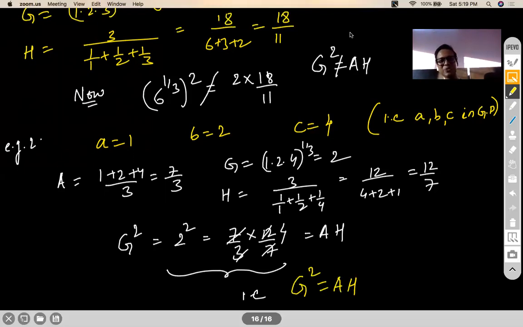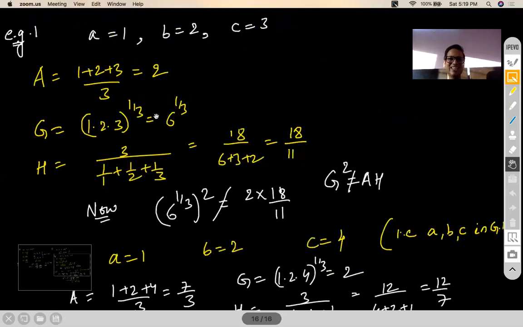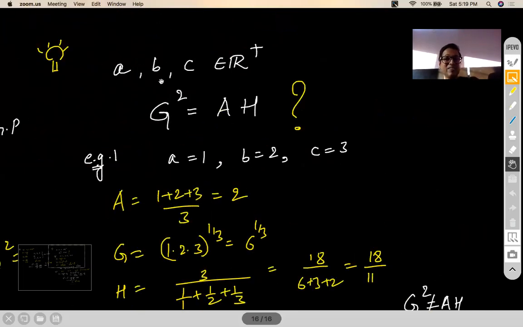So the moral of the story here is, when the quantities involved are themselves in GP, then G square equal to A into H will always be satisfied. But if the quantities involved are not in GP, then G square will not be equal to A into H. Then it will be true for 2 of the quantities.